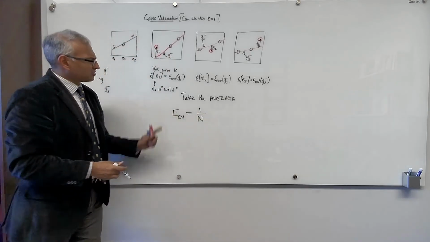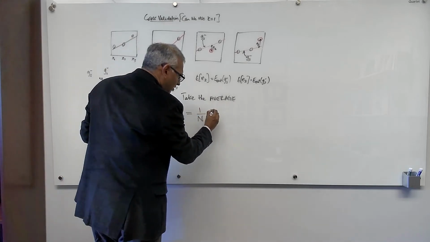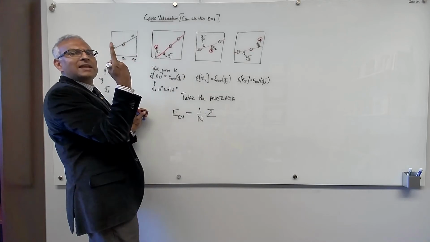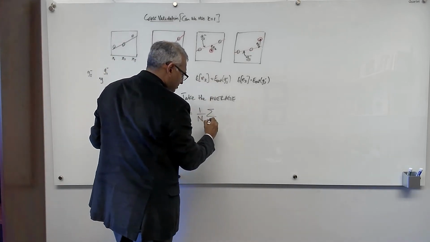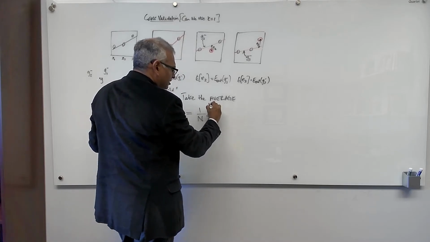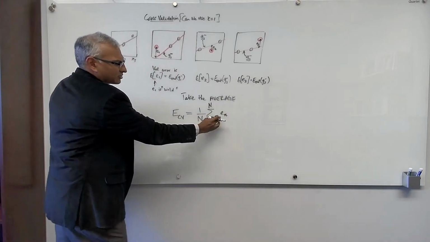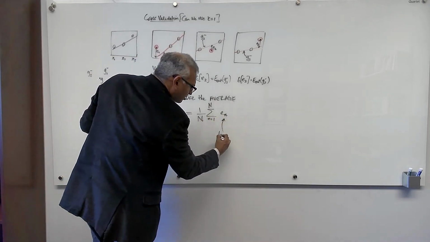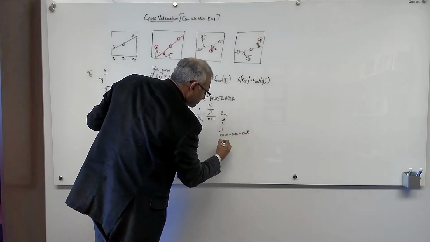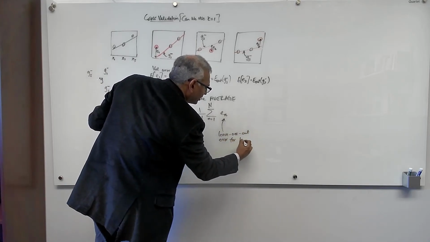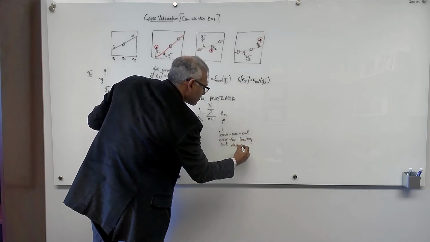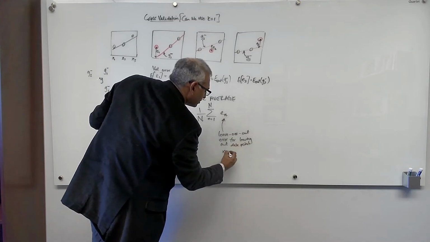Let me write it in the general case. Here we have just 3 data points. It's the average of the leave one out validation errors. So it's the average over little n going from 1 to big N of E sub little n. This is called the leave one out error for leaving out data point xn, yn.